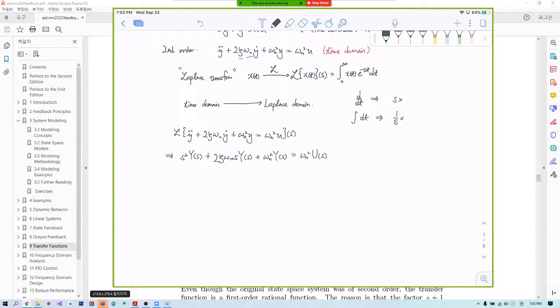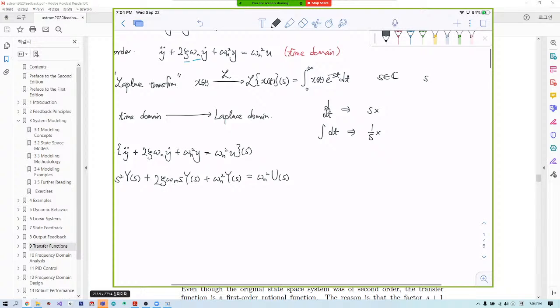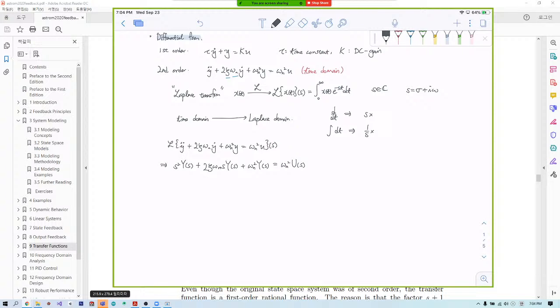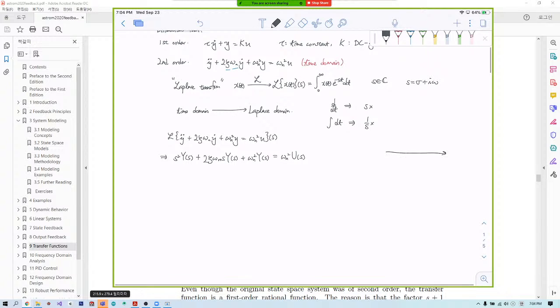So if we change the value of s, by the way, s is a complex number, which means in general form, s can be expressed as sigma plus i times omega. So we have real part and imaginary part for s. In the end, we want to express the result of the Laplace transform of any time domain function in the complex plane, where we have the real axis as the horizontal axis, and we got the imaginary axis right here.